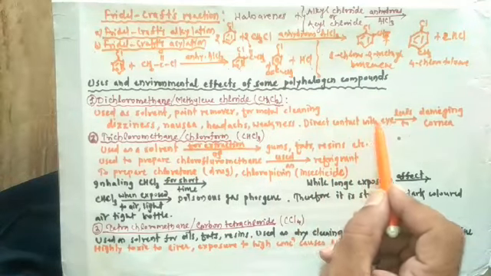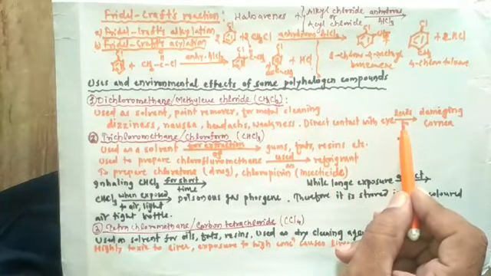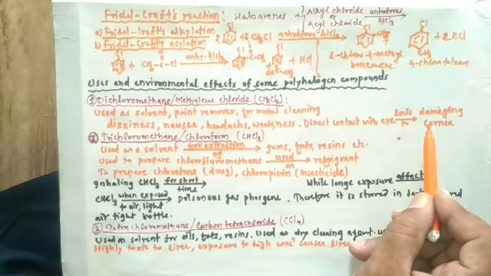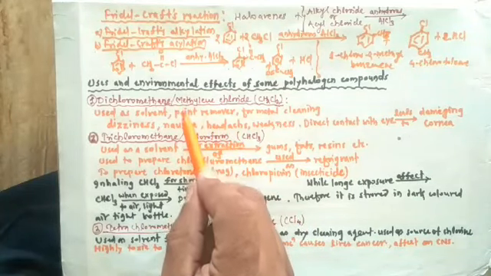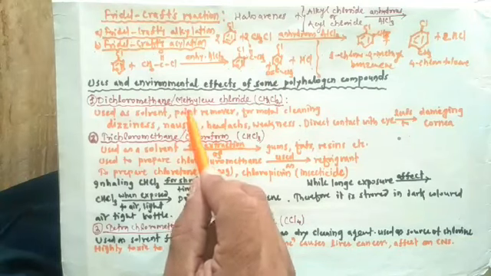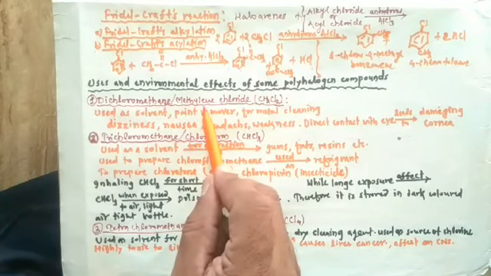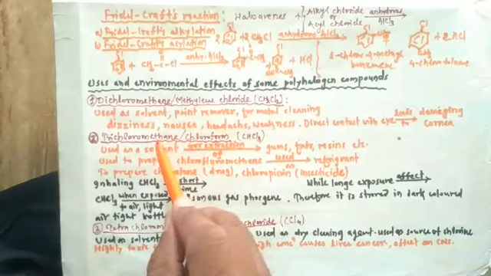Its direct contact with the eye leads to damage of the cornea of the eyes. So these are the various effects of methylene chloride or dichloromethane.